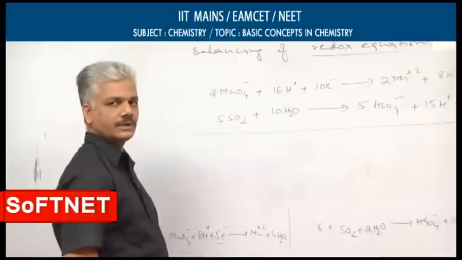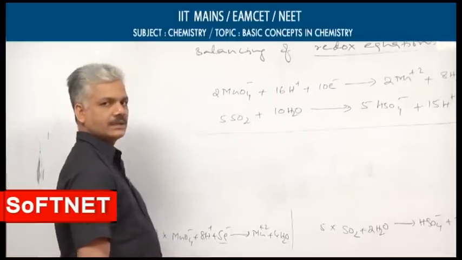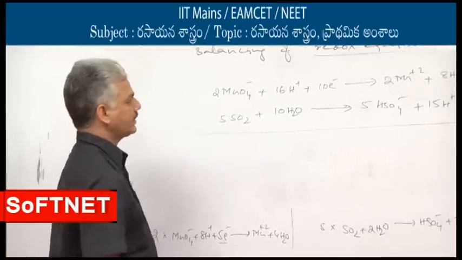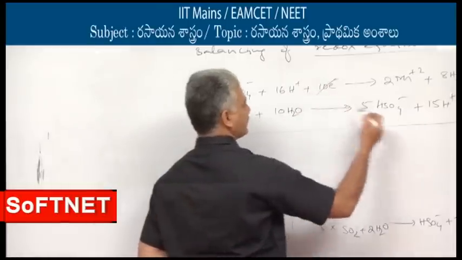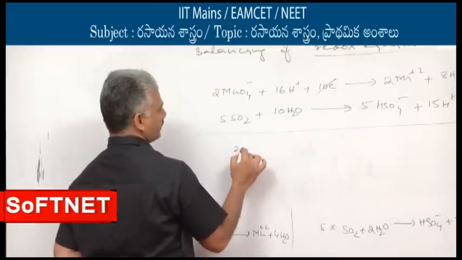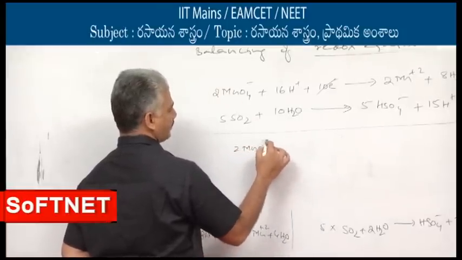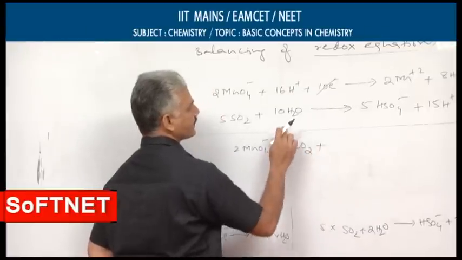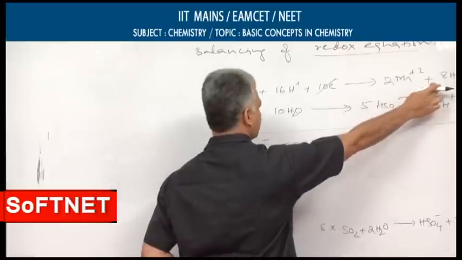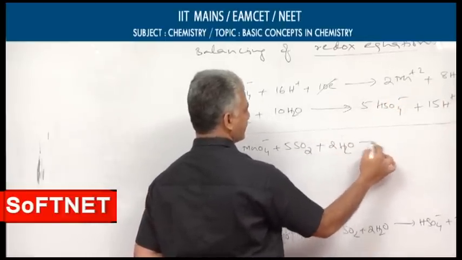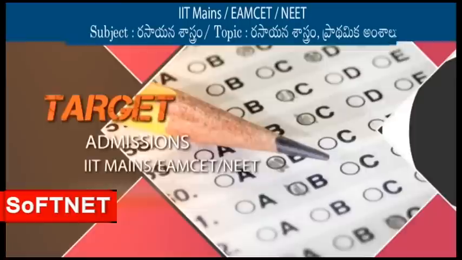While adding the two half reactions, if anything is common on opposite sides, it can be subtracted. Here the number of electrons are equal, so they get cancelled. 2MnO4 minus plus 5SO2 plus, here 10 water molecules, on the product side 8 water molecules are present. So, the difference can be taken as 2H2O.